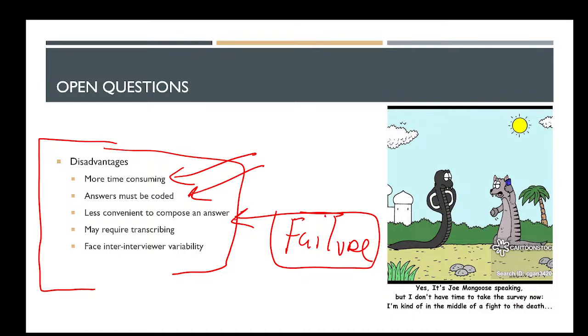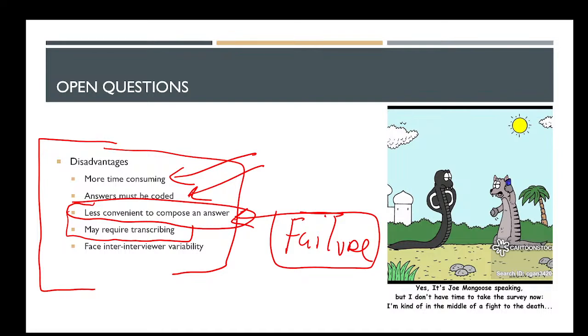Even in a phone interview where they're saying their answers out loud, people may get a little bit more frustrated with all these open questions. So keep that in mind. You might need transcribing. You probably will if it is spoken. If it's written, obviously it's transcribed for you. And face-to-face, it faces inter-interviewer variability.